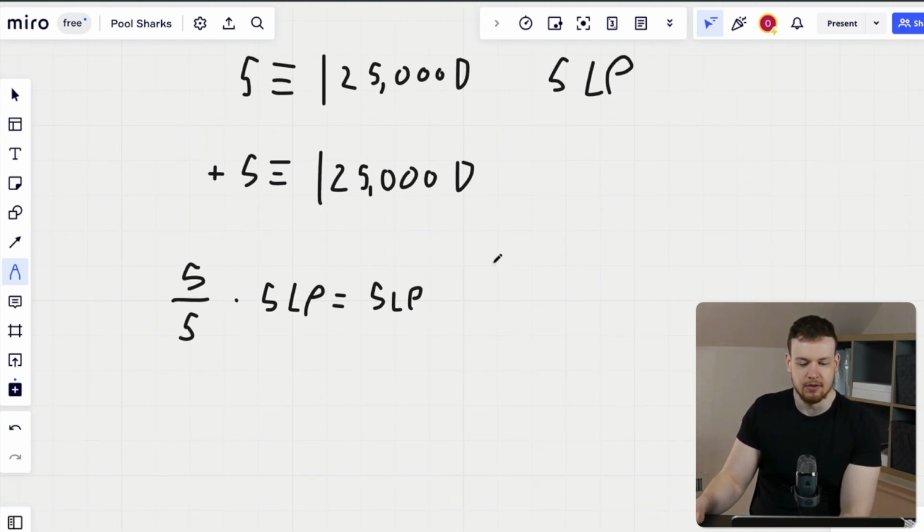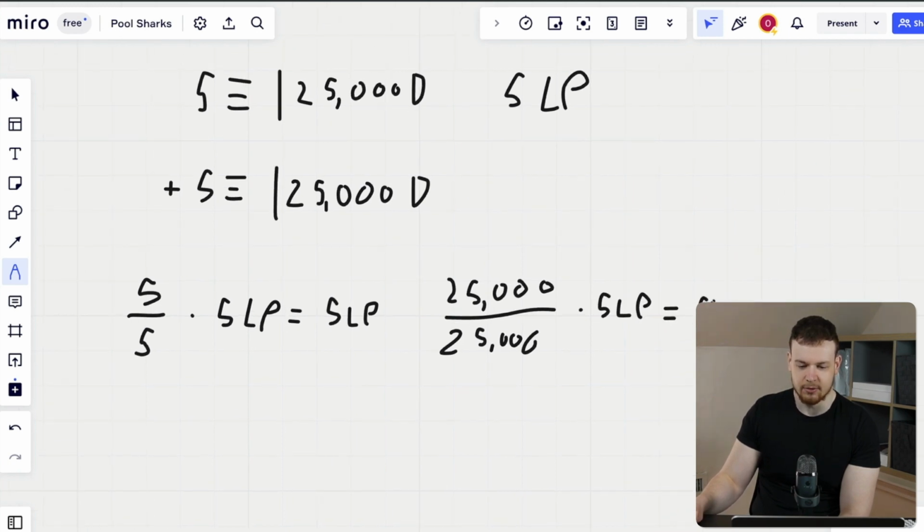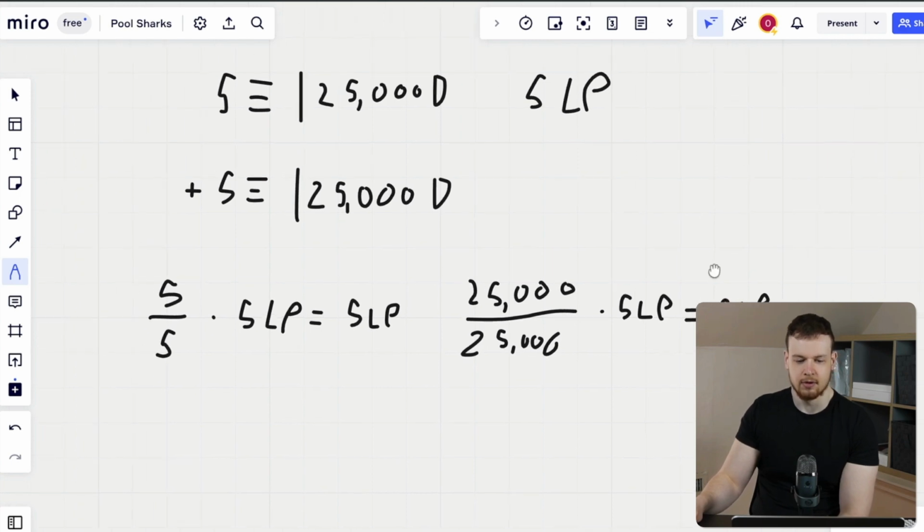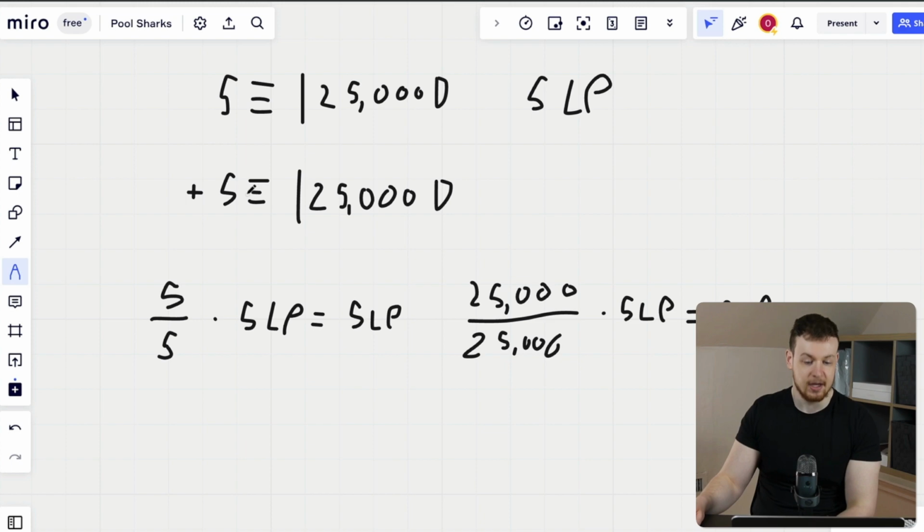It will give us the same answer if we have 25,000 DAI. This is what we're depositing into the pool. The pool already had 25,000 DAI. And then we multiply this by the total supply of 5 LP tokens. And this is going to give us the same answer, which is that we are going to get minted 5 LP tokens for depositing 5 Ether and 25,000 DAI into this pool.